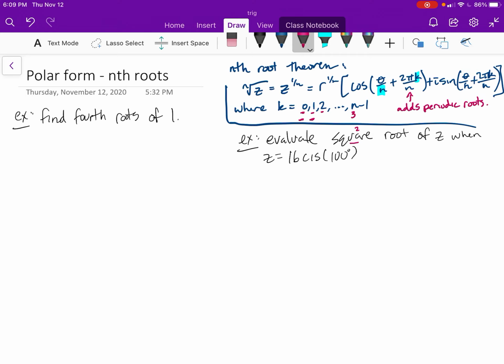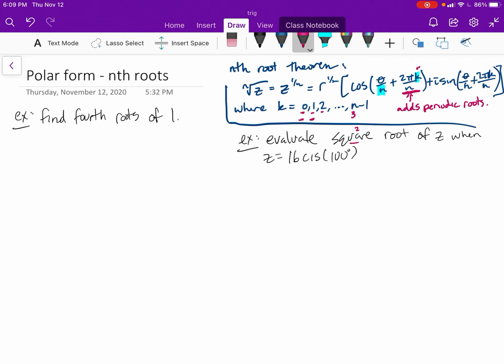So you'll always have that many solutions, and you start with k being 0, which essentially would wipe this out for the first one always. But then you'll substitute k as 1, 2, 3, and so forth.